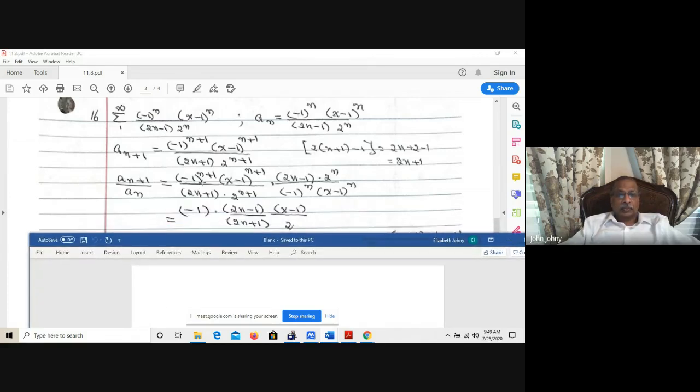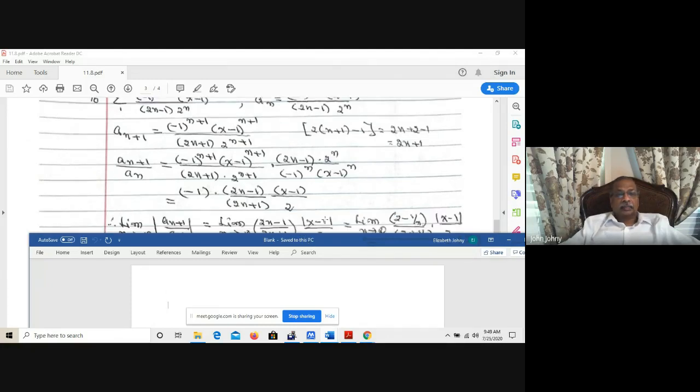So negative 1 to the power of n plus 1 over negative 1 to the power of n is negative 1 to the power of 1. So that is negative. Then you have 2n minus 1 over 2n plus 1. 2 to the n and 2 to the n plus 1 cancel, leaving a 2 in the denominator. And x minus 1 to the n plus 1 over x minus 1 to the n is x minus 1 to the power of 1, which is x minus 1. So that is the ratio.